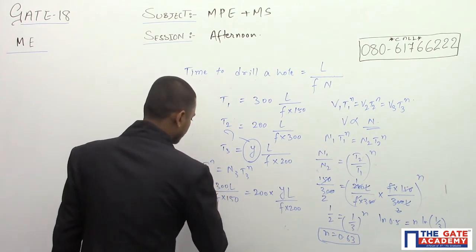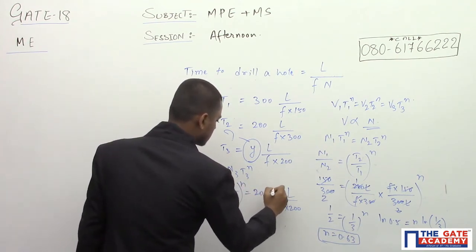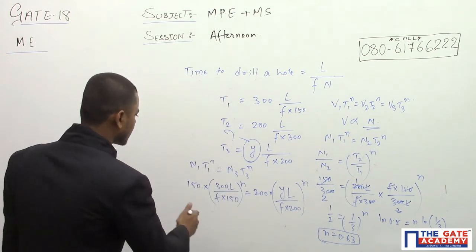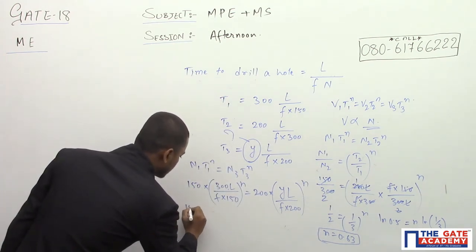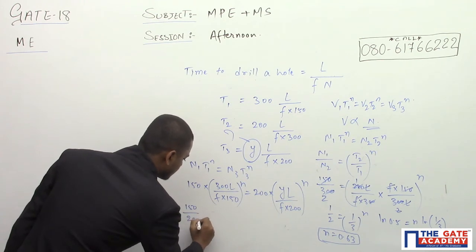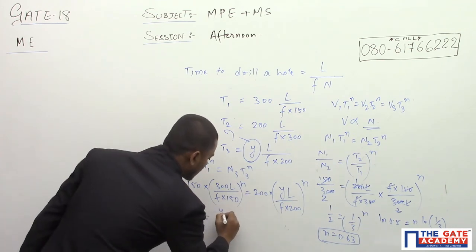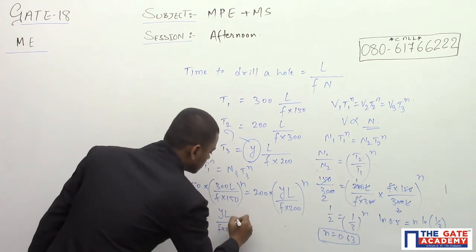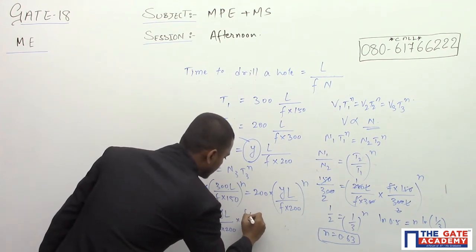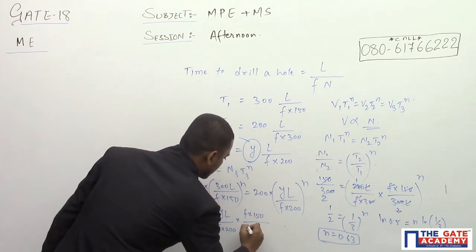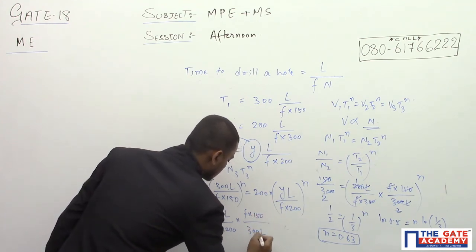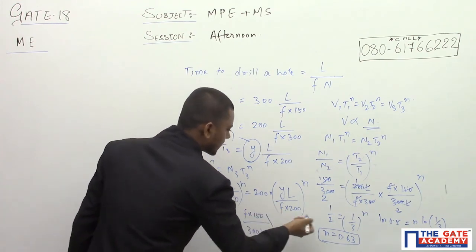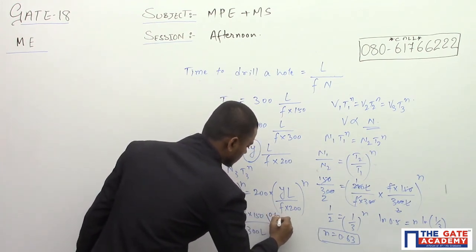So I can write 150 upon 200 is equal to YL upon F into 200, multiplied by F into 150 upon 300L, to the power n, and we know n is 0.63.